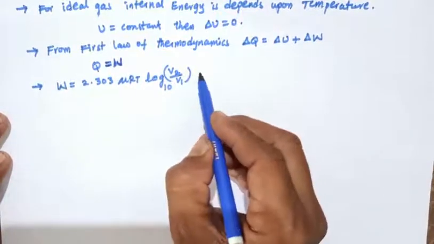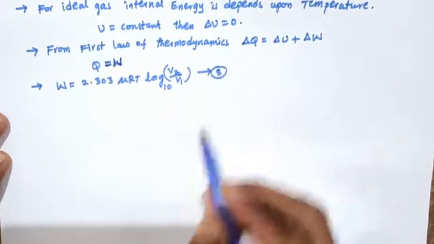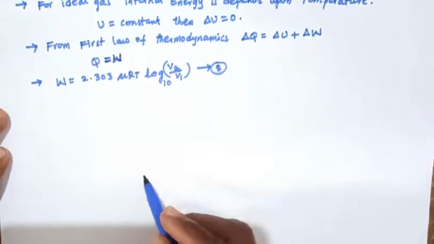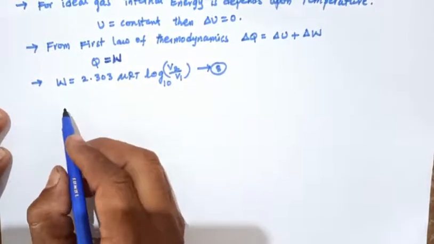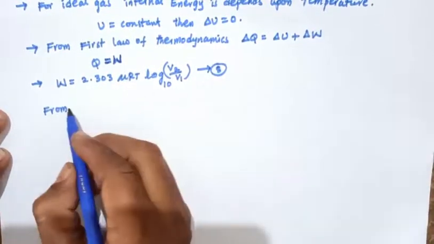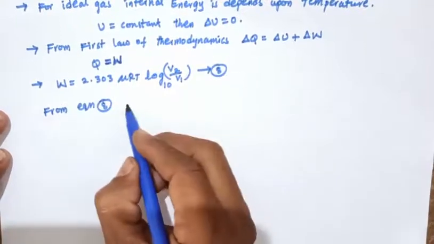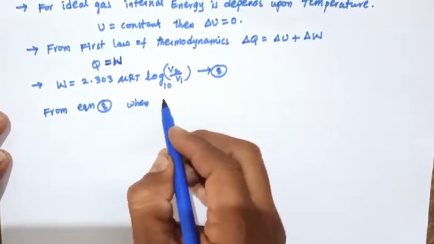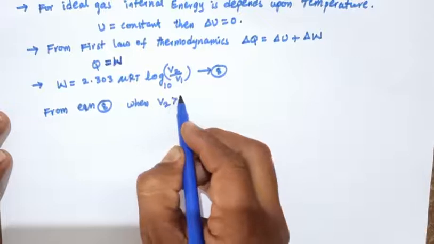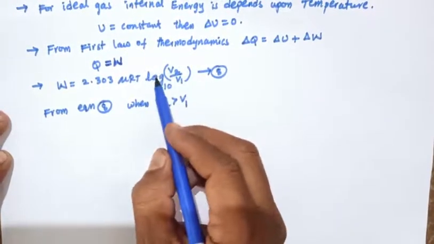From this equation, number 8, when V2 is greater than V1, the term is positive.